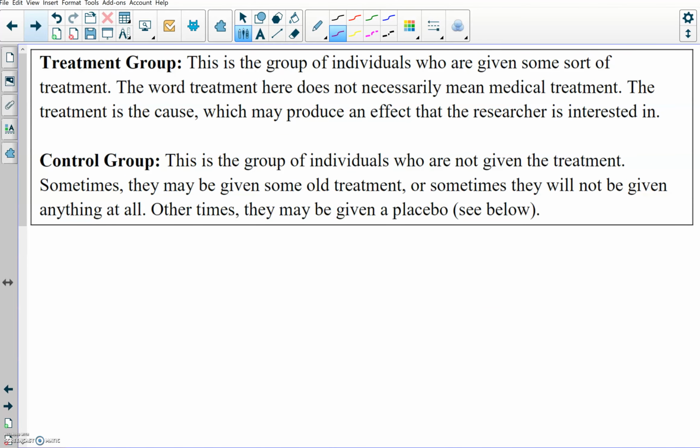So treatment group and control group. So we've heard those terms, treatment, control. What does it really mean? Well, the treatment group is the group of individuals who are given some sort of treatment. The word treatment here does not necessarily mean medical treatment. The treatment is the cause which may produce an effect that the researcher is interested in.